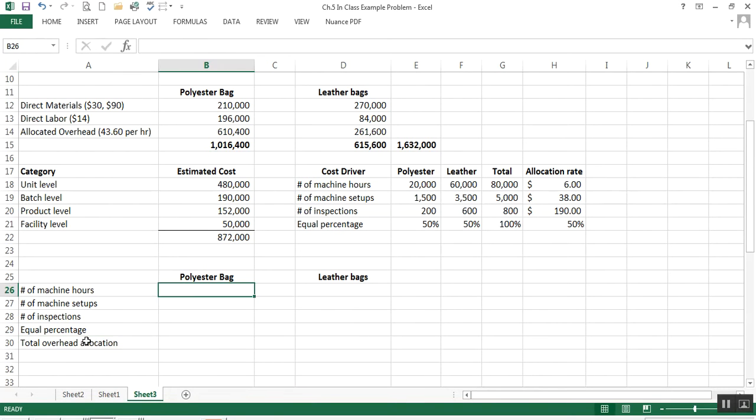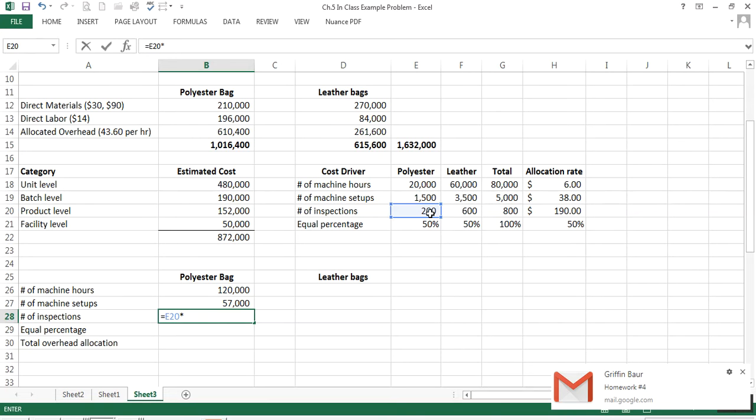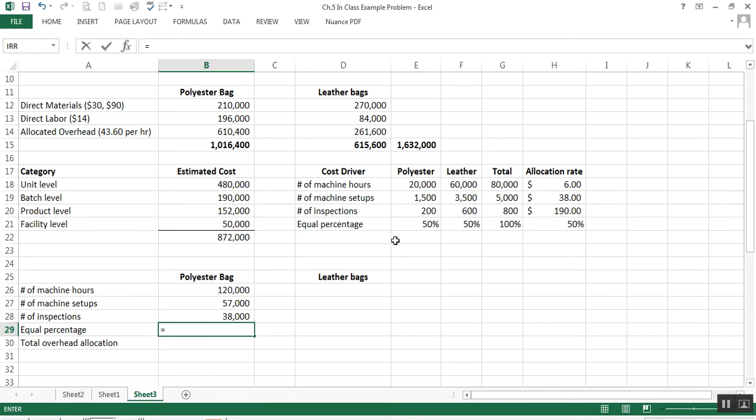Okay, so the number of machine hours for polyester is 20,000 times the rate of $6. Our total machine setups is 1,500 times the rate of $38. Our total number of inspections times the rate of $190. And then we have our total facility costs times our allocation of 50%.